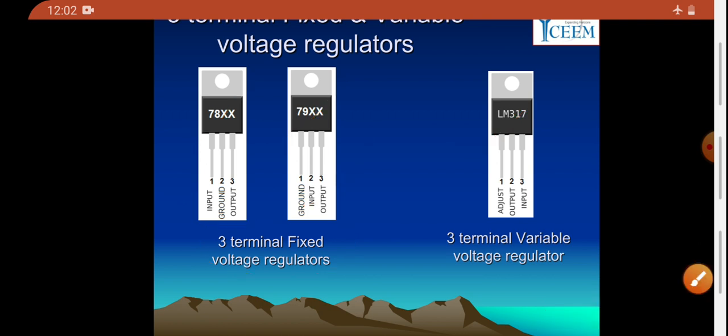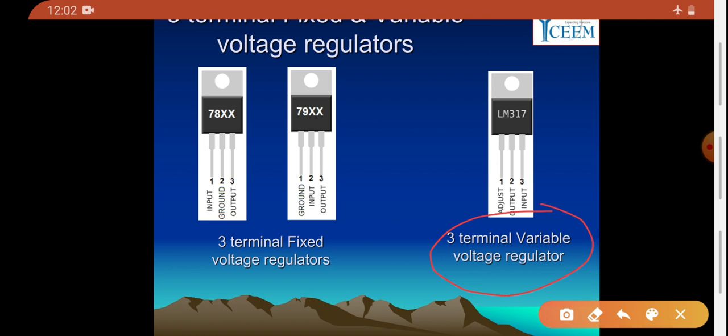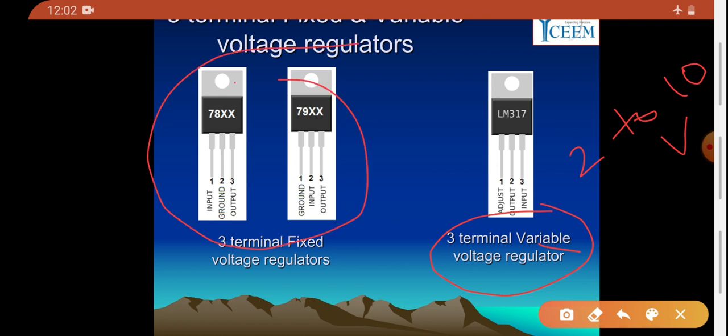Similarly, this is again a 3 terminal voltage regulator IC, but it is variable. Output is variable. Variable means, suppose from 2 volt to 10 volt will be the variable output voltage. Here the output will be fixed. For the 78 series, the output will be positive. 78 का meaning है positive and 79 का meaning है negative, and the last two digits will indicate the output voltage.